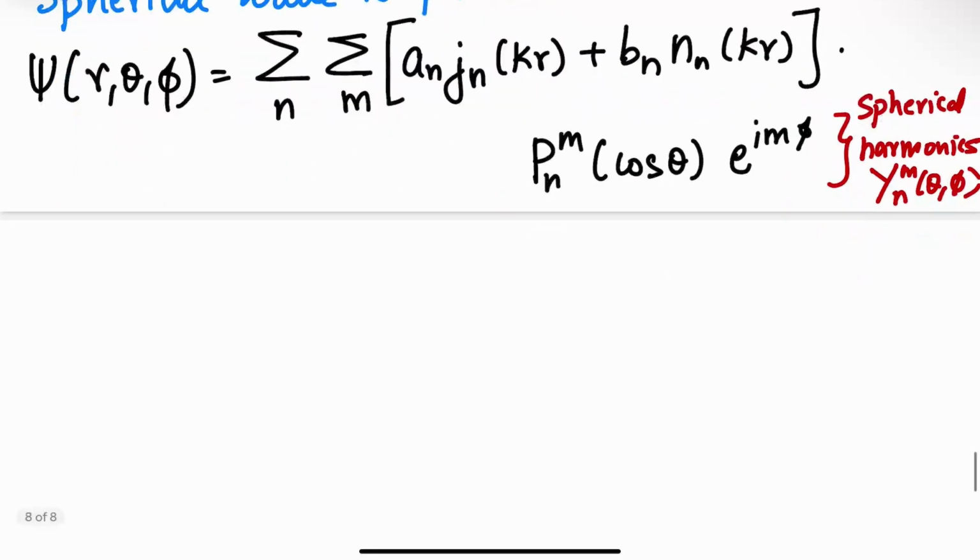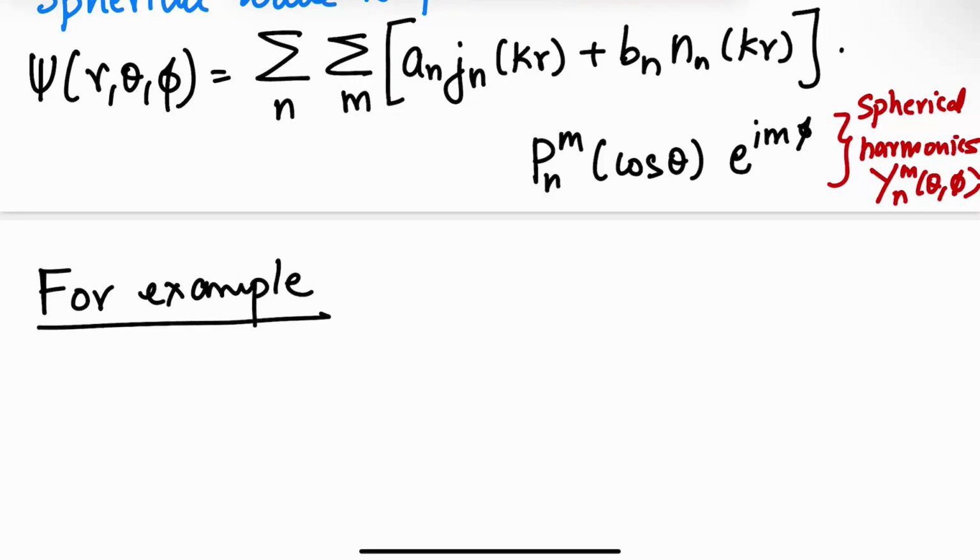So what kind of functions can we expand? For example, the directivity pattern of an antenna is only a function of theta and phi, right?